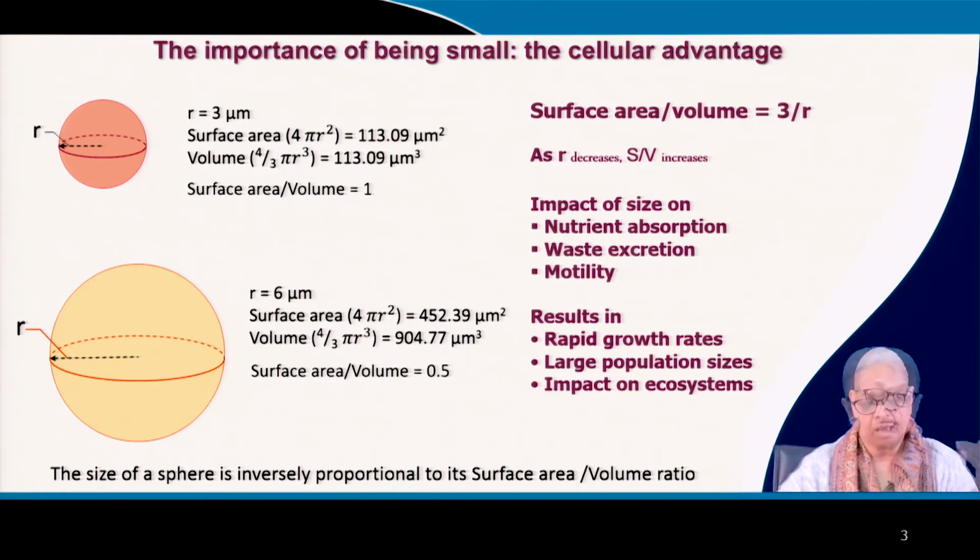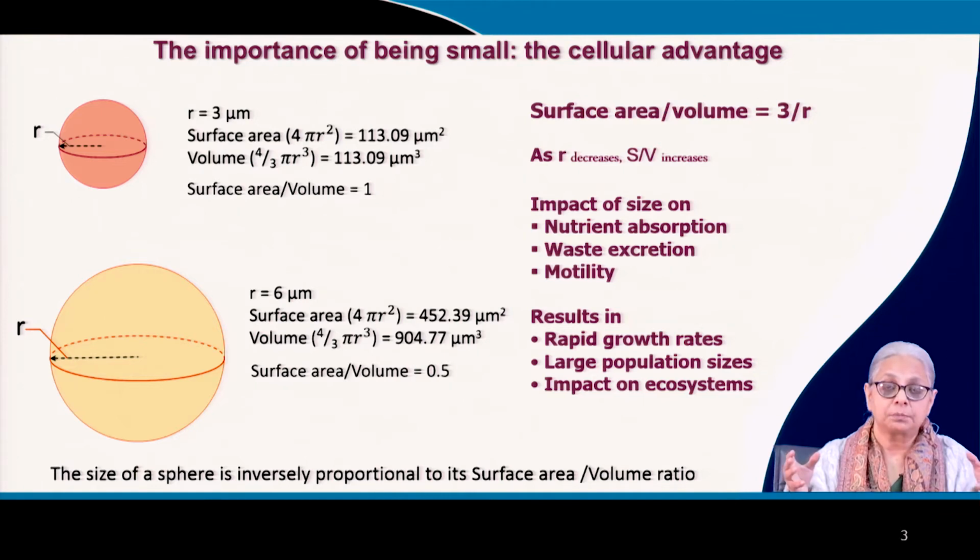As the radius goes down, the surface area by volume ratio, which is also called specific surface area in engineering, will increase. So as r decreases, S by V, the specific surface area, increases, and that is why the smaller the size of the cell, the greater the advantage in absorbing nutrients, and that's what the cellular advantage is all about. So this is the impact of size on nutrient absorption, waste excretion, and motility.